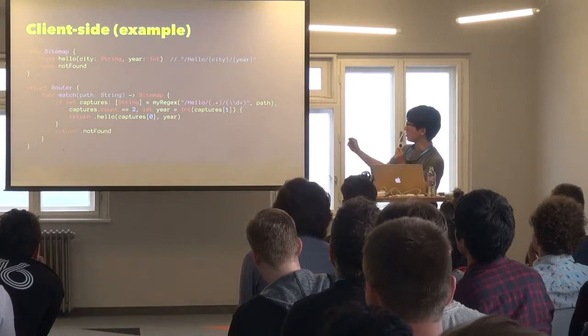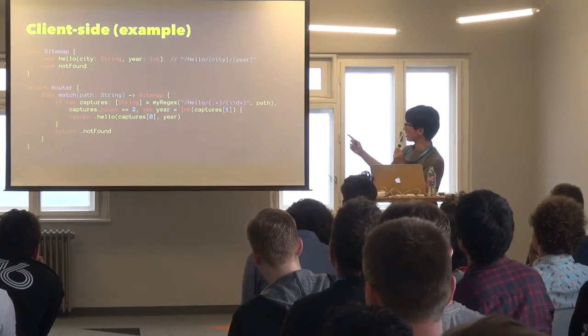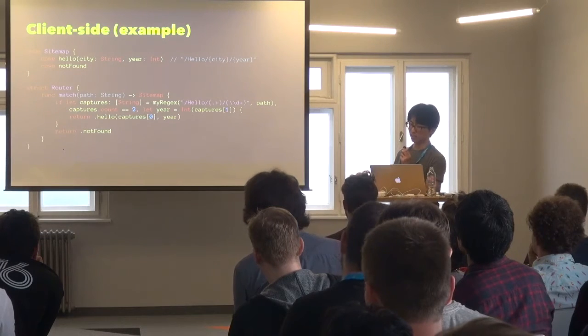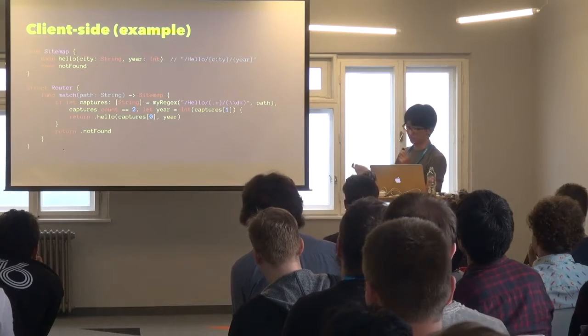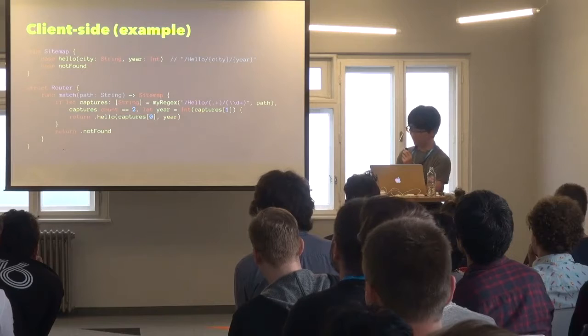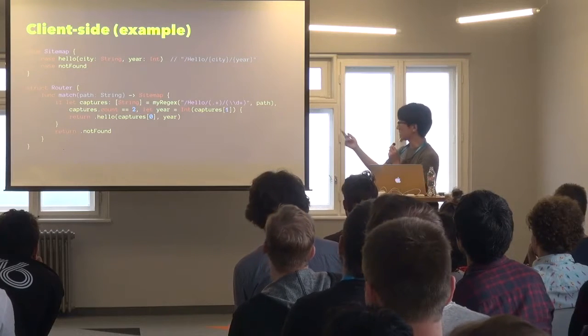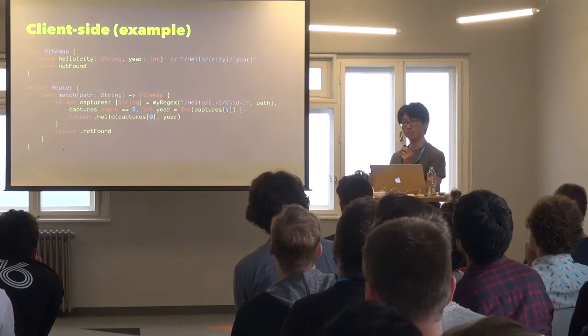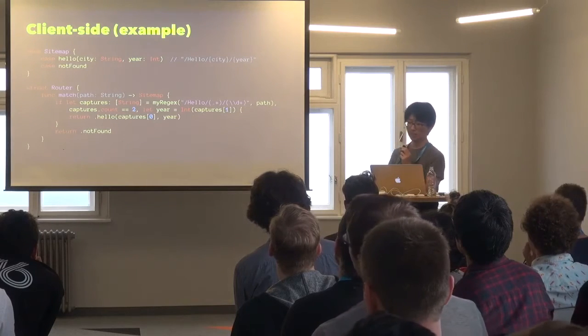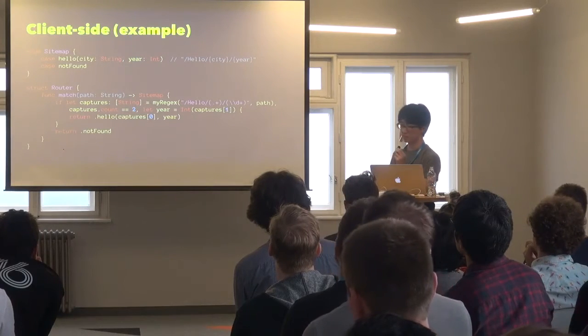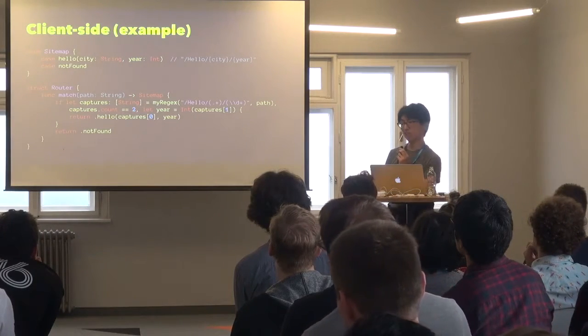Say, I use the helper function myregex, that basically extracts the path components using a regular expression. But please notice that this function returns an array of strings, but we rather want to have a string and an integer. So actually, this is not type safe.